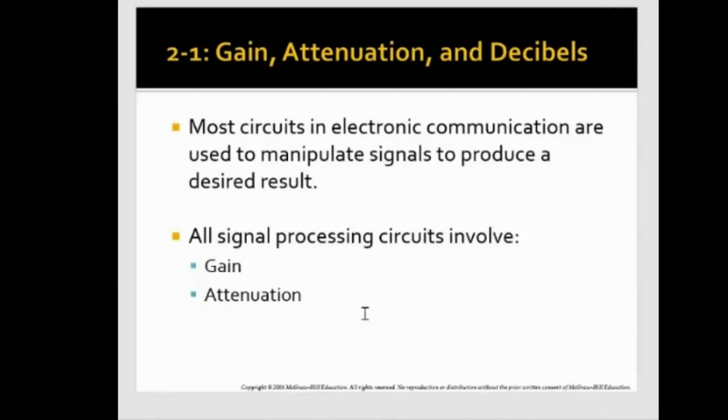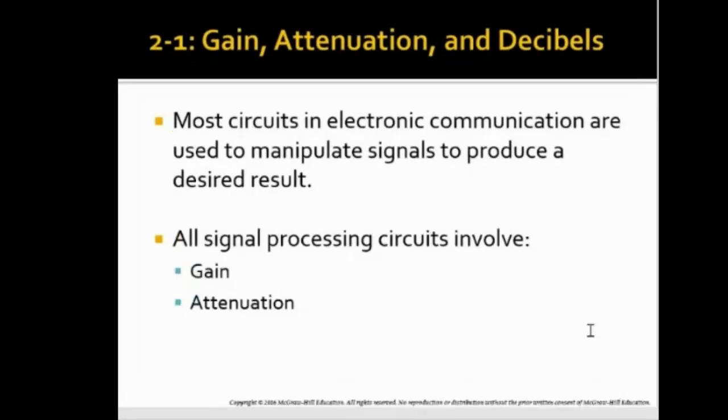We want to achieve the target in terms of communication performance, so we design the signals and the system so that they are suitable for the system and also achieve high performance. In most circuits, we have gain and attenuation.